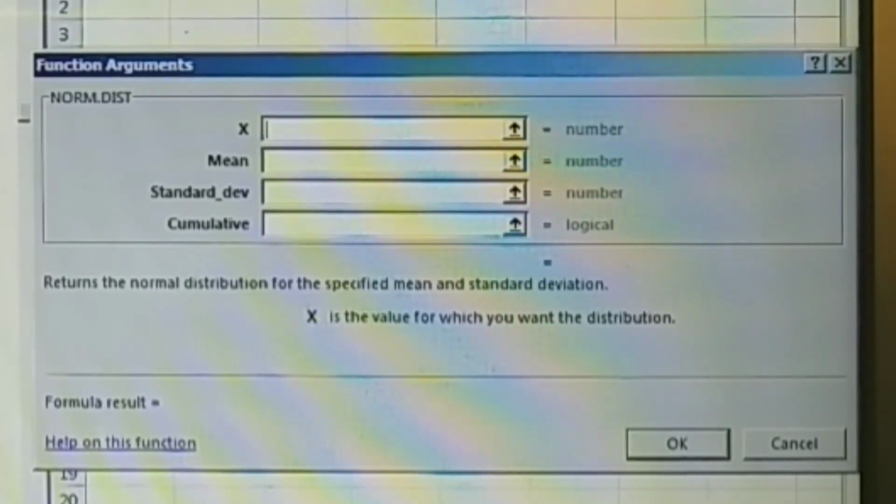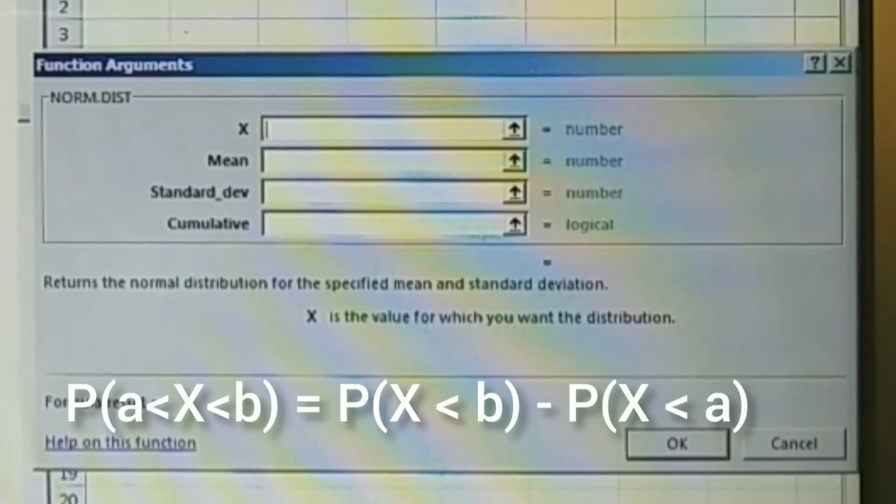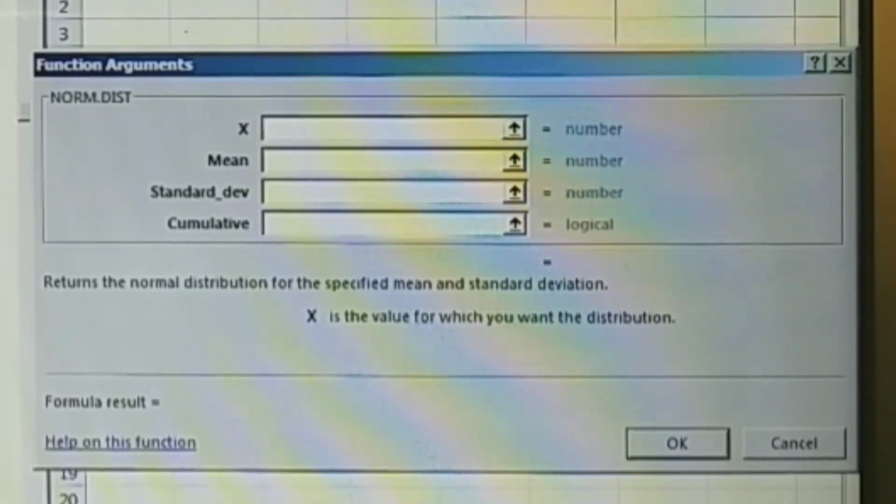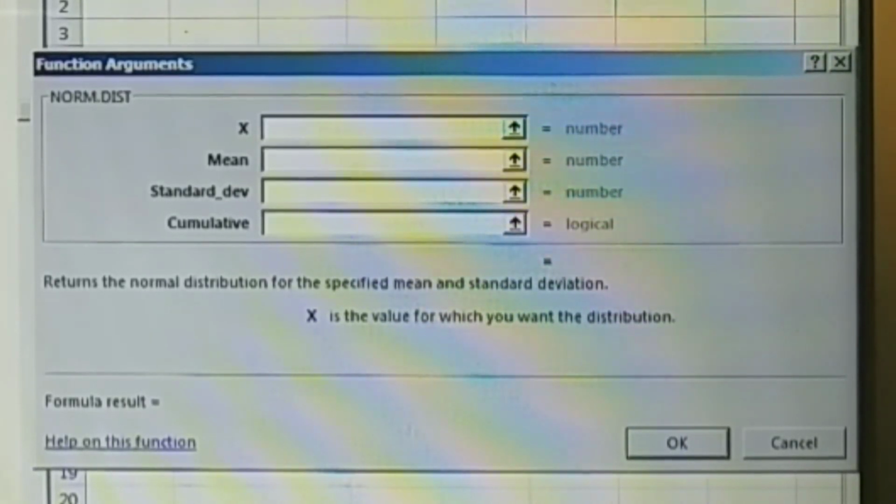Now to do that, we may use the equality that the probability that x is between a to b is equal to the probability that x is less than b minus the probability that x is less than a. Okay, so let us do that. Let us first find the probability that x is less than 54.